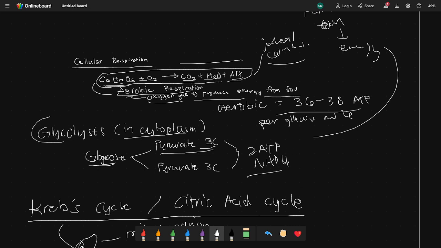In this stage, glycolysis does not require oxygen. It's the starting point for both aerobic and anaerobic respiration, which I'll explain later.